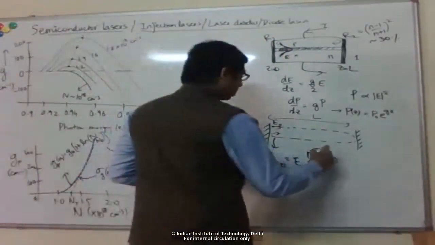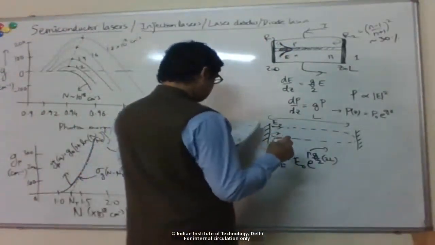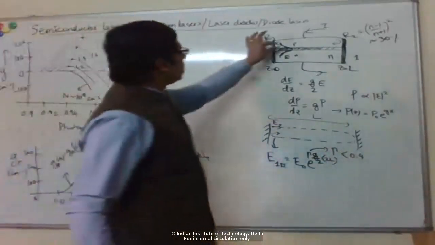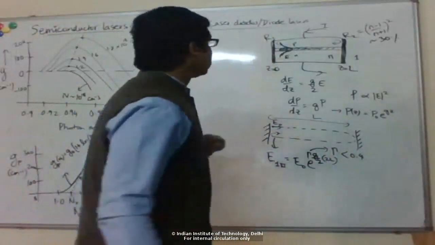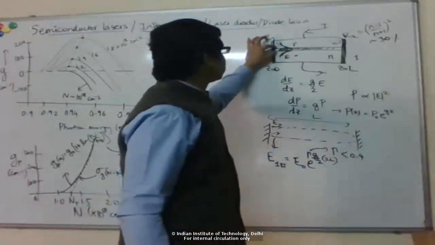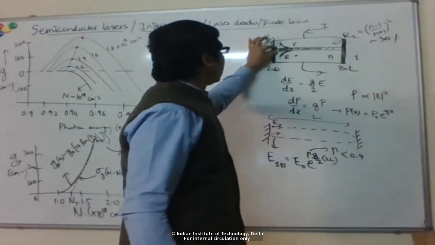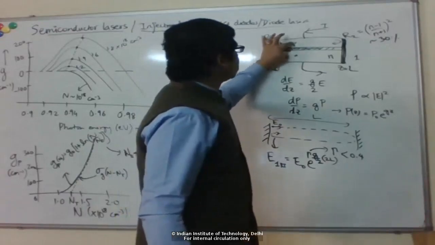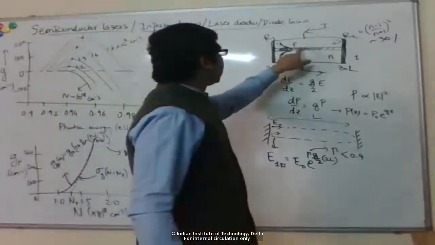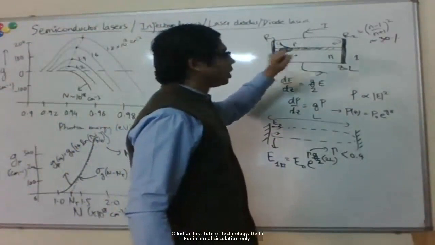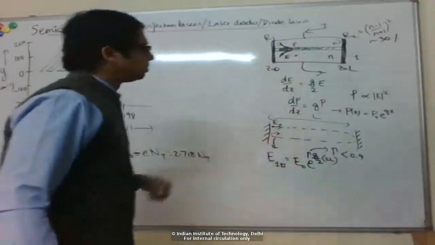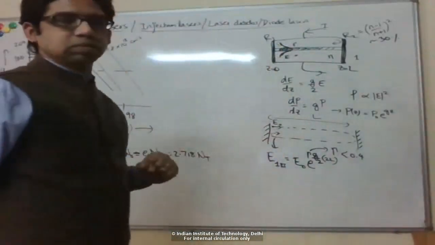And typically this is actually quite small. This gamma typically is less than 40%. So the mode is actually leaking out from the active region quite a bit. The reason for that is firstly, as we discussed, this active region is quite thin, let's say 100, 200 nanometers. And also the index contrast between the active region and the PN region is very small. The band gap we change by, let's say, 0.1 or 0.2 eV, so the refractive index contrast is not much at all, maybe 0.01 or 0.02.